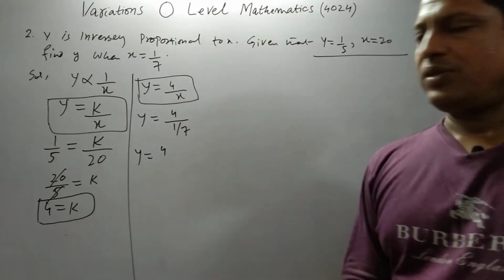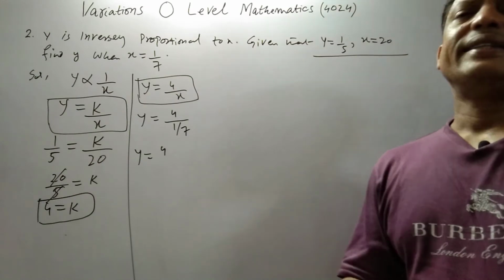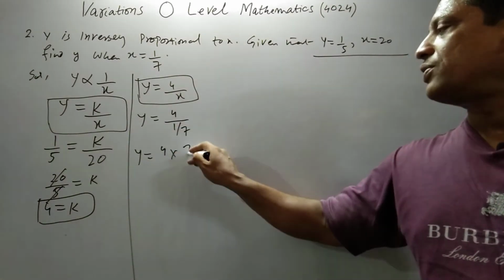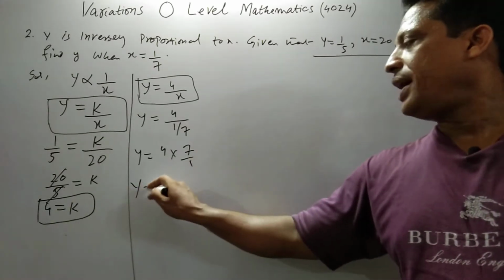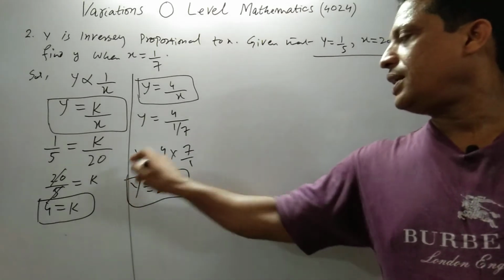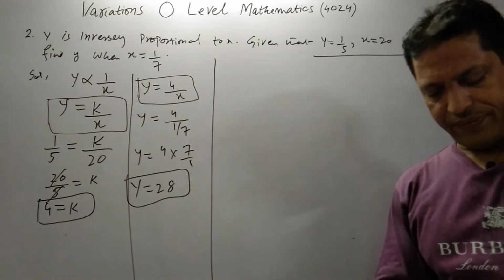If you see a double fraction, you convert the last denominator into numerator. So 1 upon 7 becomes 7 upon 1. y is equal to 4 7s, which are 28. So this is our answer. I hope you understand.